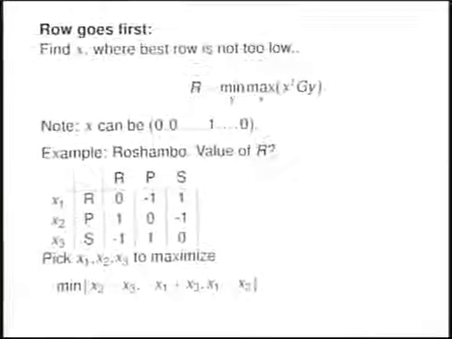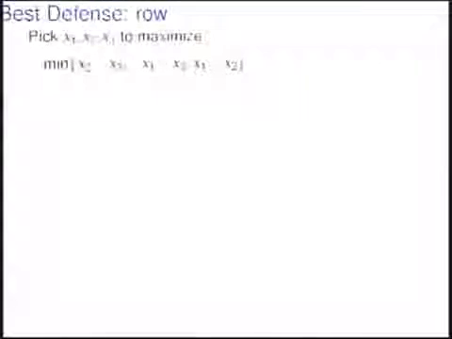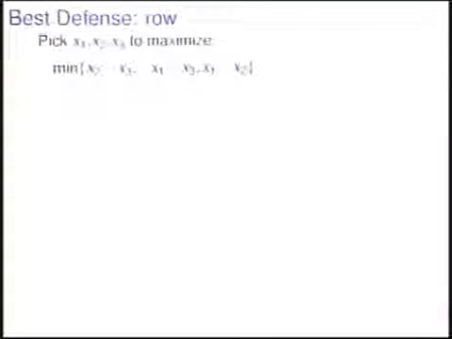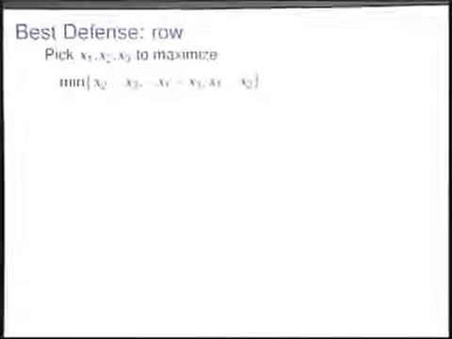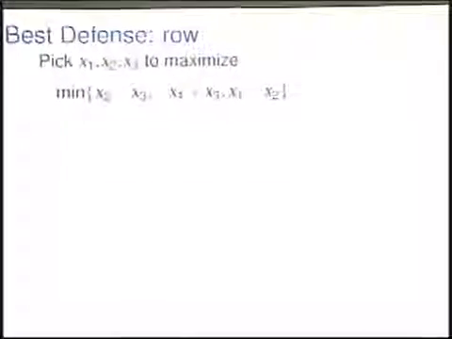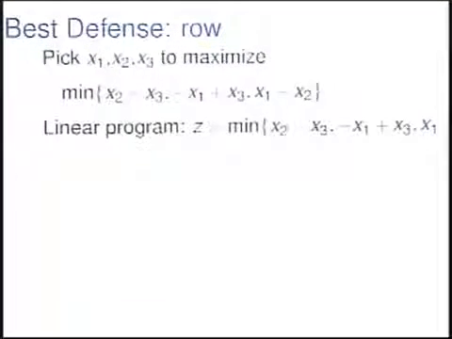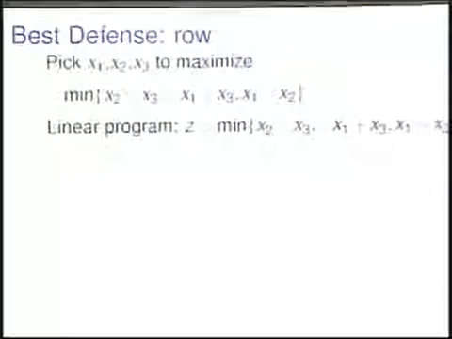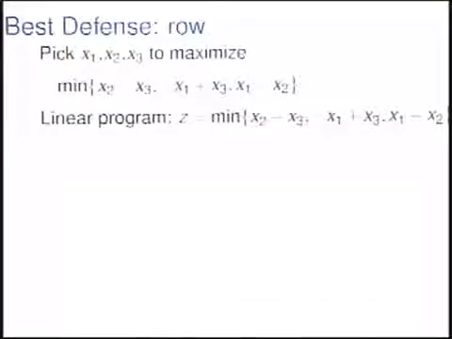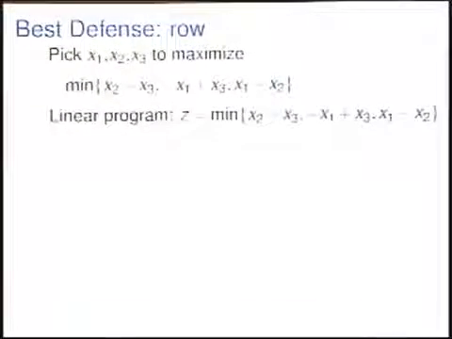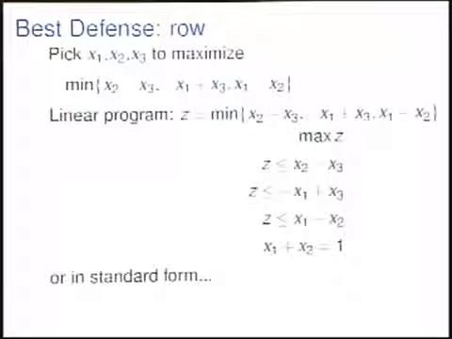Okay, so I want to maximize this. I want to pick x1, x2, x3. And how might I do that? Yeah, I think you guys maybe should be on the homework here. So what we want is a linear program.